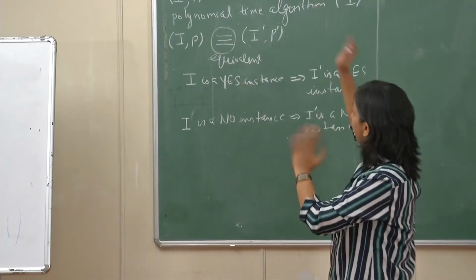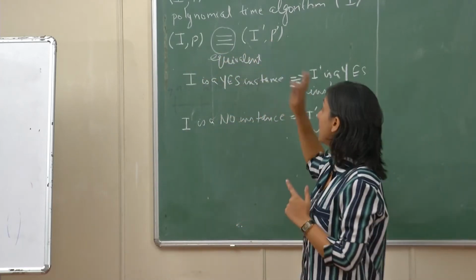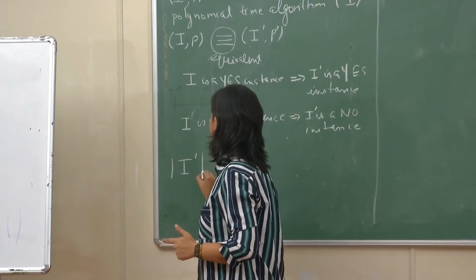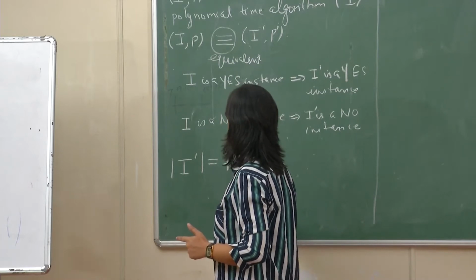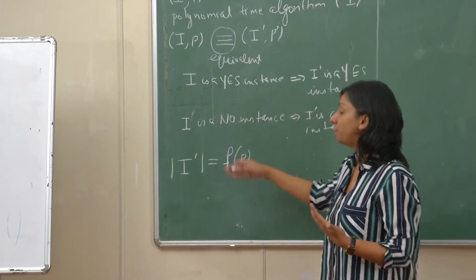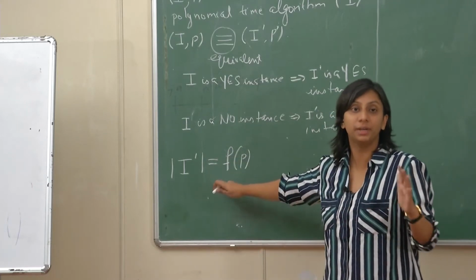So in kernelization, starting from this instance, we want to get to an equivalent instance there with an additional property that the size of I prime is some function of p. It could be 2 power p, p square, any polynomial or exponential, any. We don't care at least.